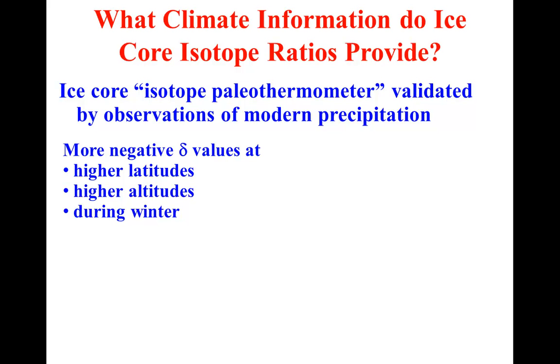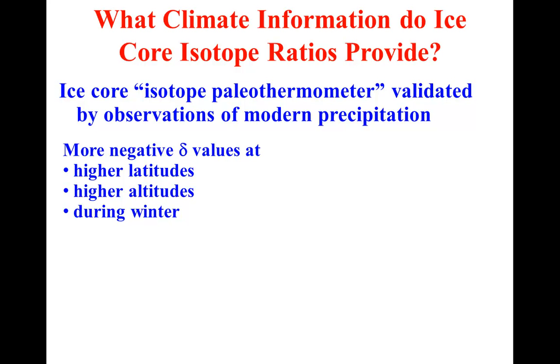Measurements of the changes in the hydrogen or oxygen isotope ratio over time on glacier ice cores are sometimes called the isotope paleothermometer. Paleo meaning thermometer of the past. Measurements or inferences into temperature changes based on changes in the hydrogen or oxygen isotope ratios.